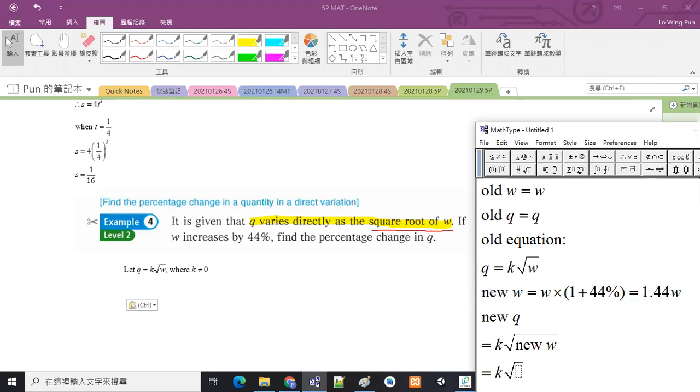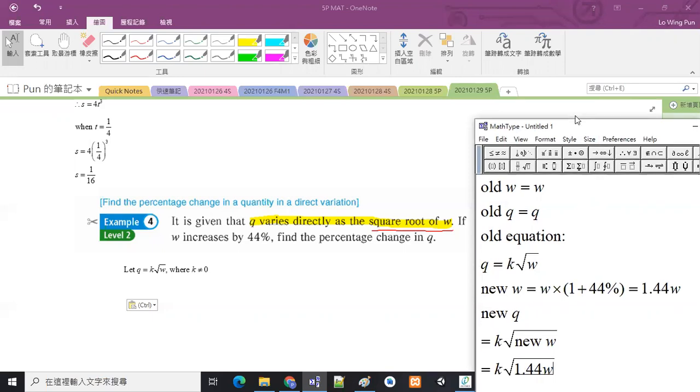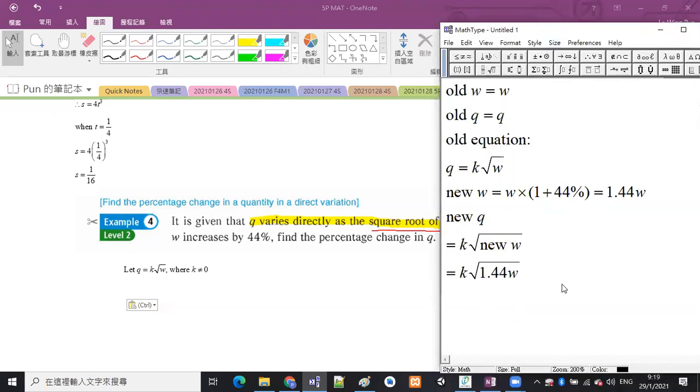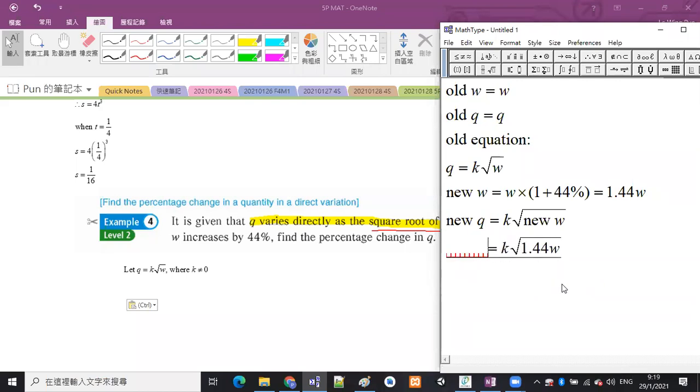Is K times square root of 1.44 W. Can you still follow? New Q is equal to 不如咁樣，我都係寫翻咁樣。Okay, and then the new W is replaced by our preparation because new W is equal to 1.44 W, right?